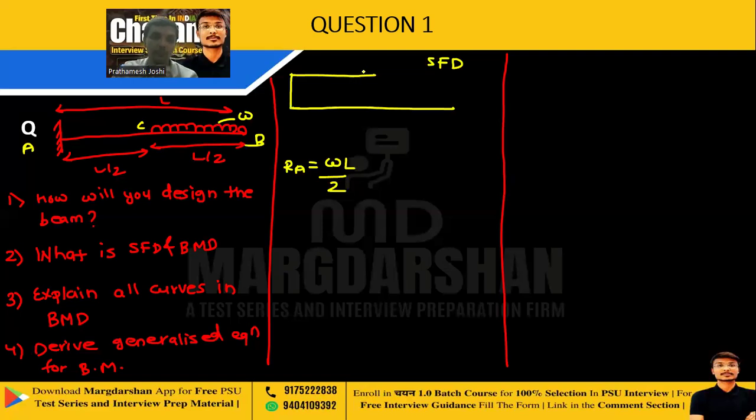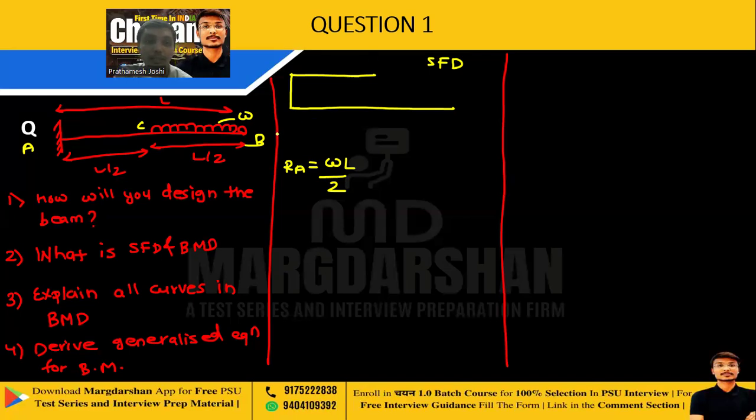And now from here onwards, since it is a UDL, the SFD will be parabolic. So how you should draw here is we just have to think upon it. Oh, I'm sorry, not parabolic. Extremely sorry, guys, my blunder.